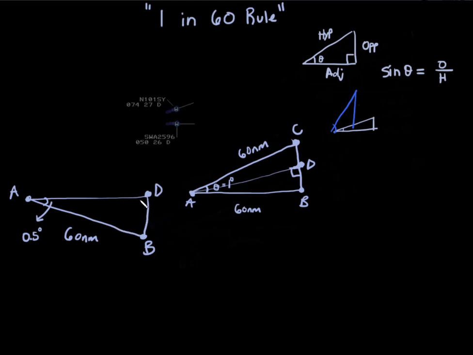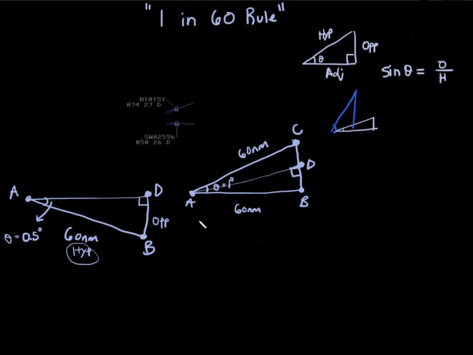By the way, our right angle is here. So 60 nautical miles, this length AB, is going to be our hypotenuse, and DB is going to be our opposite side because it's opposite of our theta, which is equal to half a degree.